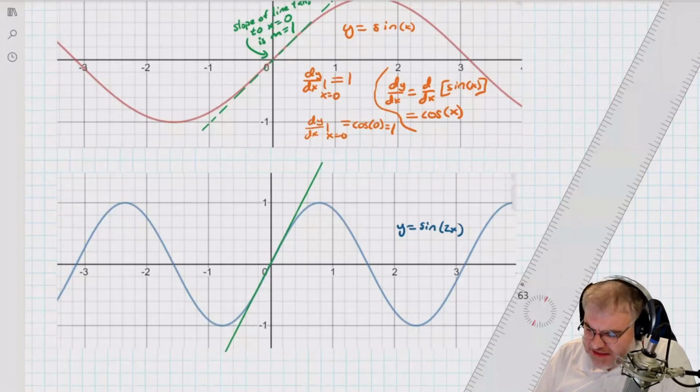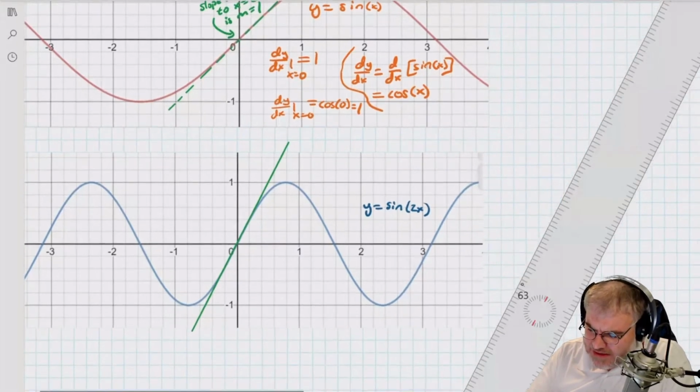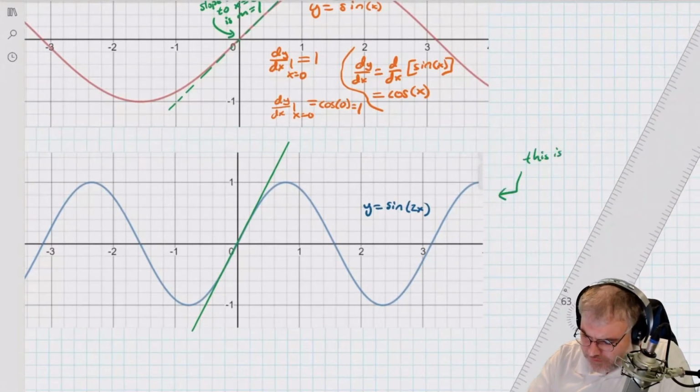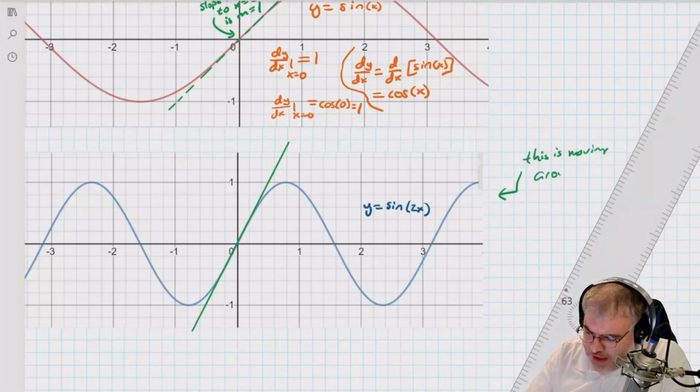In essence, this is moving around the unit circle twice as quickly.